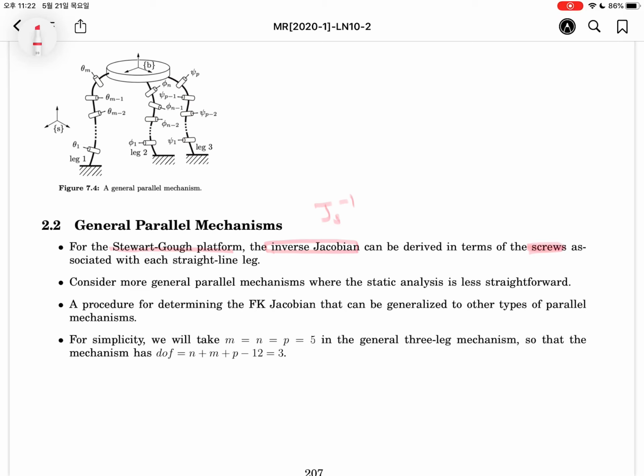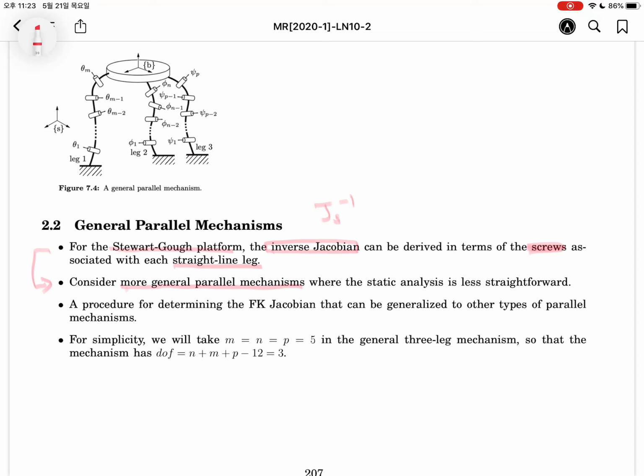Those are the main concepts of this textbook. The screws will be used to denote the inverse Jacobian. What screw is used? Each straight line leg is used to denote the screw of the parallel mechanism. This concept will be extended to the more general case. A more general parallel mechanism is considered here.